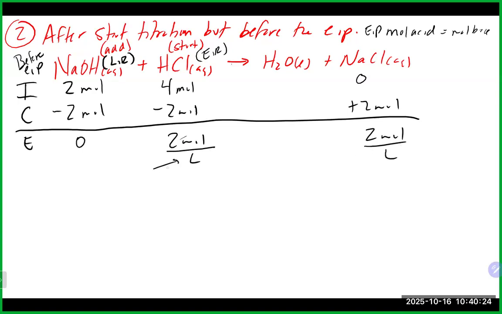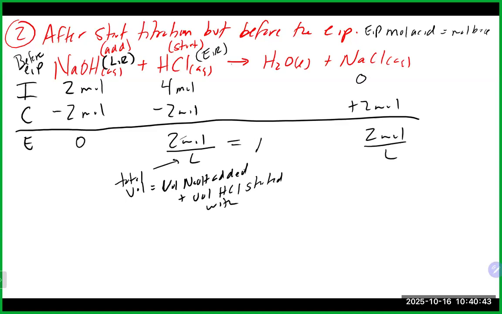Again, this is the total volume, which in this case is the volume of sodium hydroxide added plus the volume of HCl you started with. That will give me a molarity for this species, whatever that number is. Not super important for this example, but whatever number we'd get would go there.